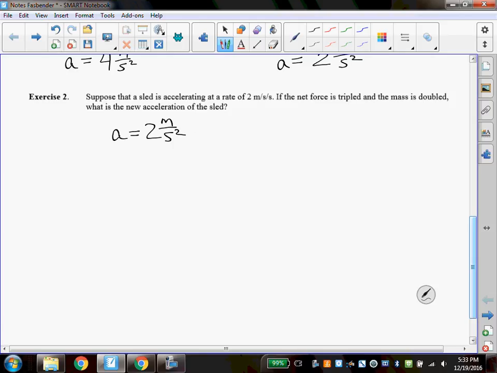And because of Newton's second law, we know that that must also be equal to F net over m. Now they tell us that we are going to triple our net force, and we are going to double our mass, and we want to know what is the brand new acceleration.